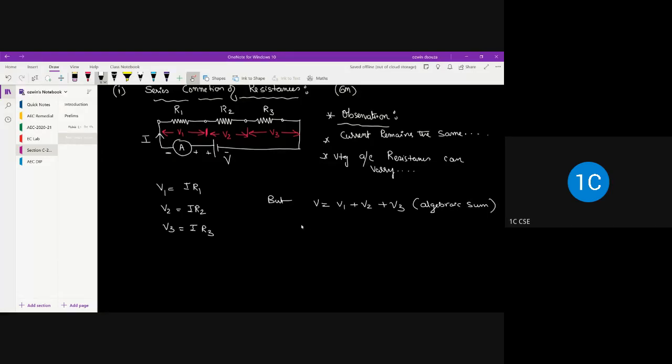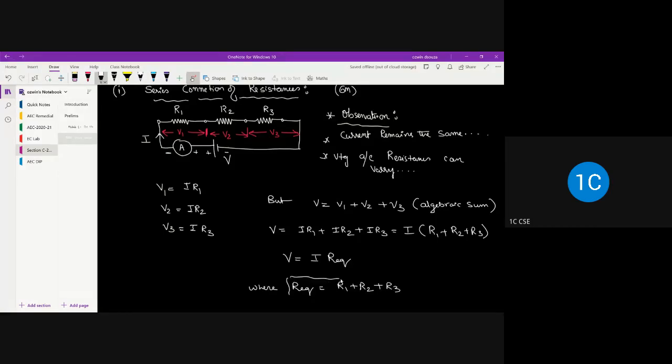So therefore, V is equal to V1, what is V1? IR1 plus IR2 plus IR3. Since in a series circuit, current is remaining the same, you can take out I outside the bracket. So you are left with I times R1 plus R2 plus R3. Or you can write V is equal to I into R equivalent, where R equivalent is R1 plus R2 plus R3.